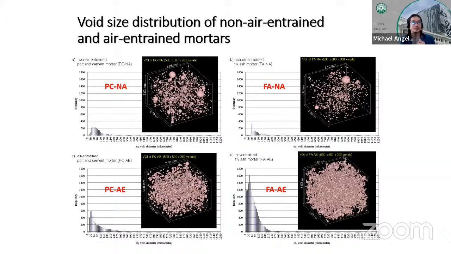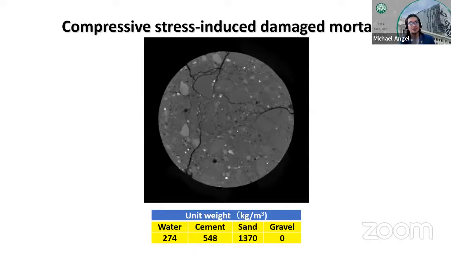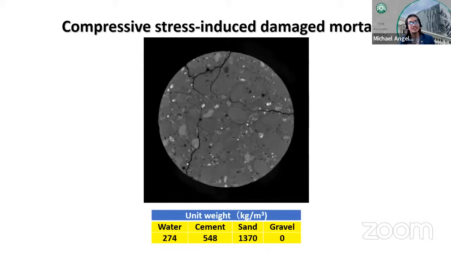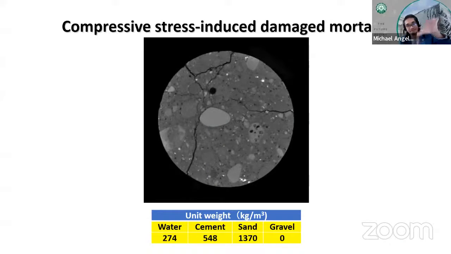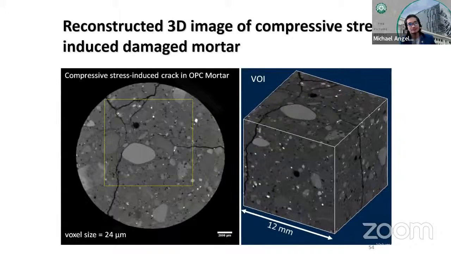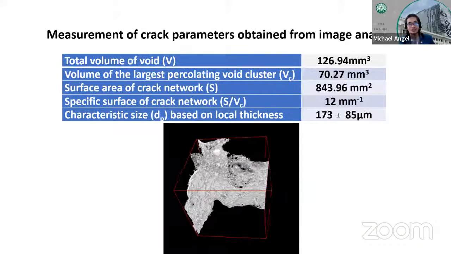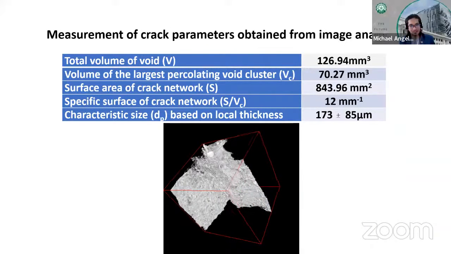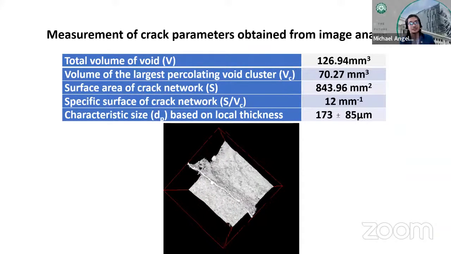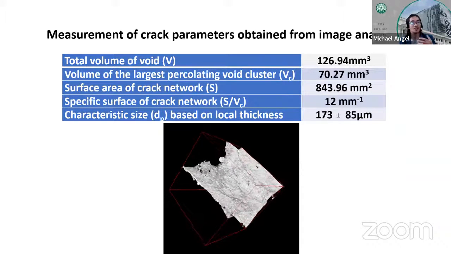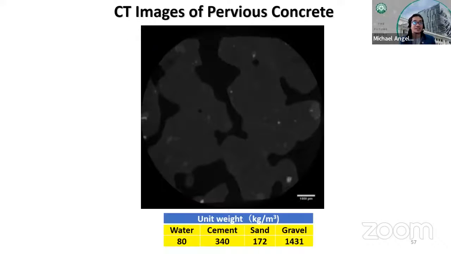So this is just an example of the air void distribution, and this is another example for a compressive stress-induced damaged mortar, where we tried to understand as well the crack geometry as shown in this slide. So this is the measurement that we have done for the cracks obtained from the compressive stress-induced damaged mortar. We can do this, of course, by properly extracting the cracks from the CT image.